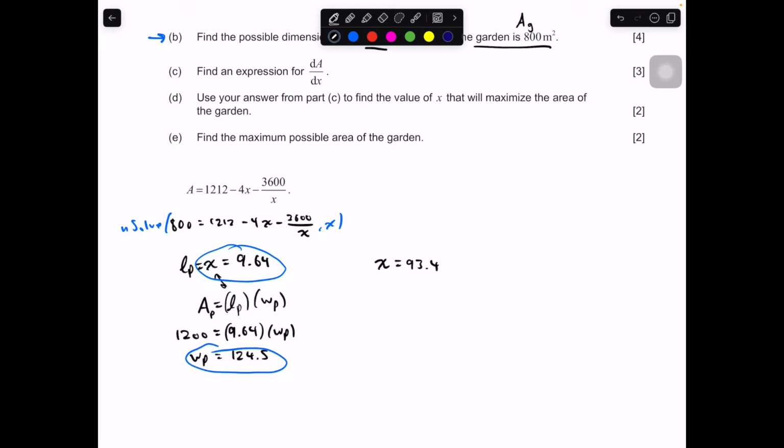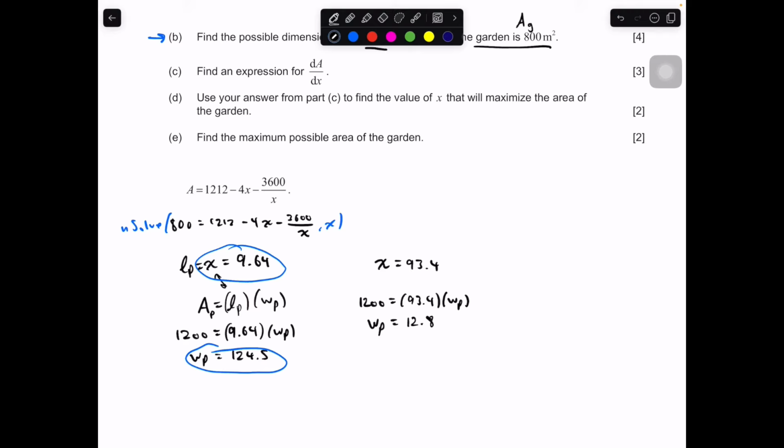If x is equal to 93.4, then again we have the situation where the area of the park is equal to 1200. In this case, our length is 93.4. What's the width of the park? Dividing both sides by 93.4, we have the width of the park is equal to 12.847 or 12.8.